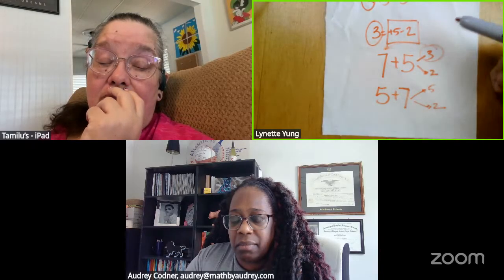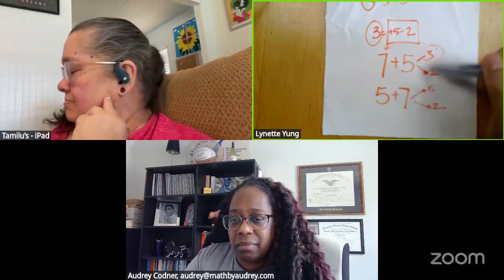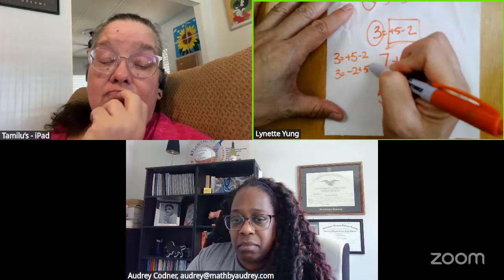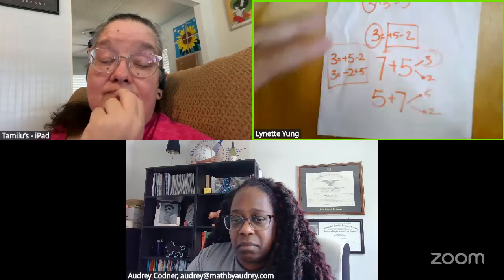So now it doesn't become commutative, because adding it, they're starting to see what the abacus does. The abacus shows you that it's actually different. This is not proper. When we do commutative, we're doing plus the 5 minus 2, or minus the 2 plus the 5. This is the abacus commutative property.